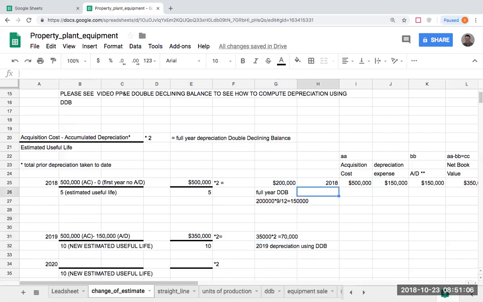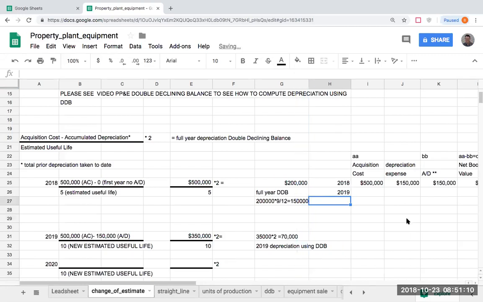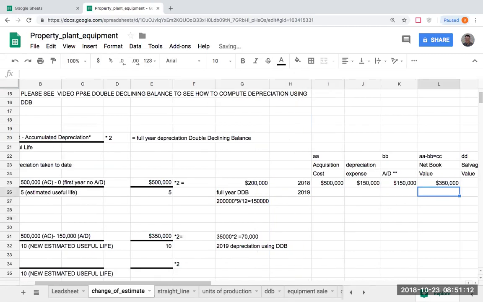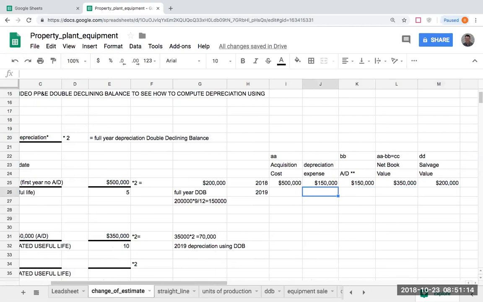So I go up here to 2019, and in my little chart here, again, please refer to the other video. My acquisition cost is $500,000. The amount of the depreciation expense I'm taking in 2019 is $70,000. So what does that mean my accumulated depreciation is at the end of 2019?